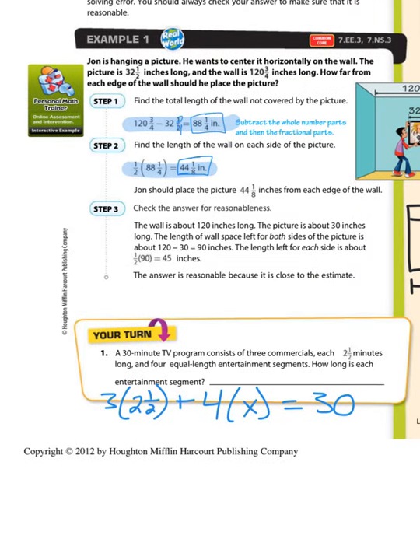So first, I'm going to subtract the commercial length from 30. So 3 times 2.5, which is 7.5. First, I'm going to subtract that. So 30 minus 7.5 equals 22.5.